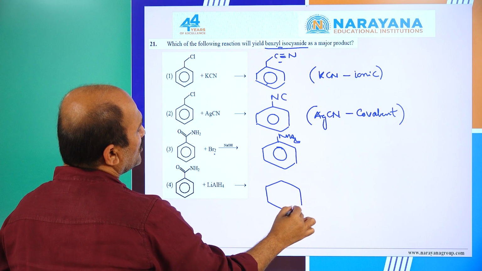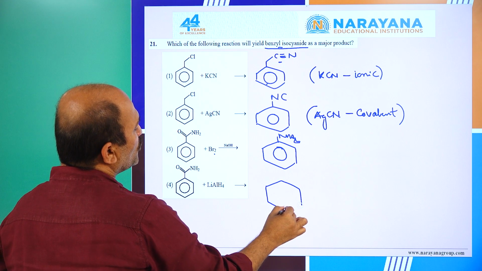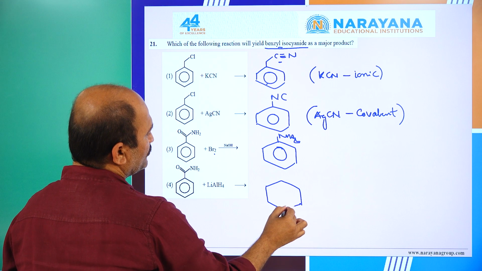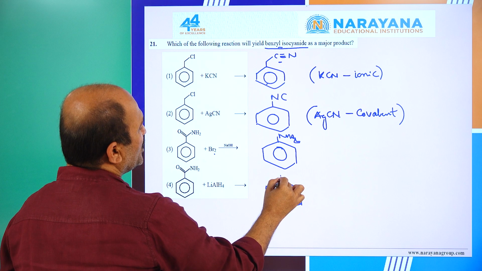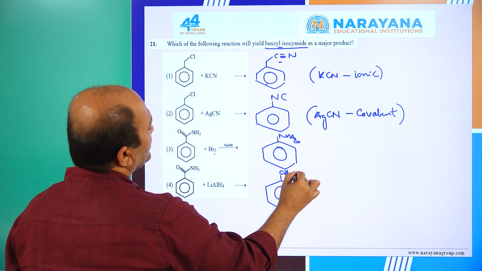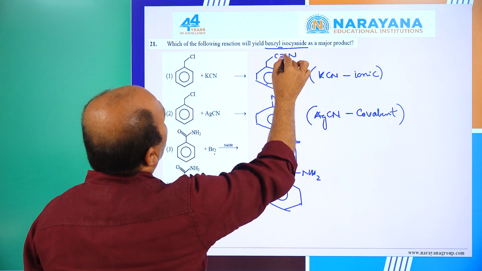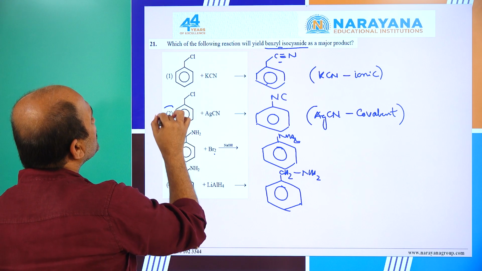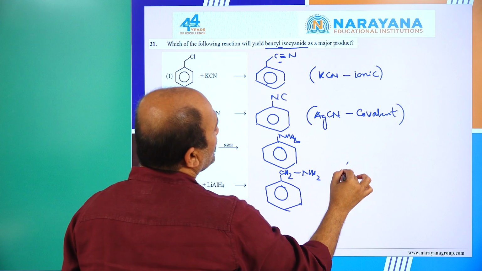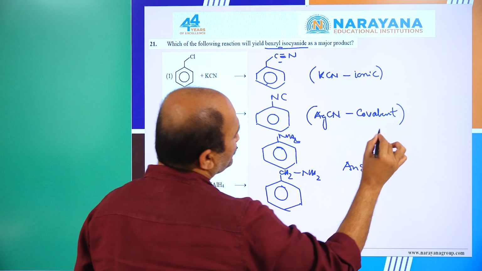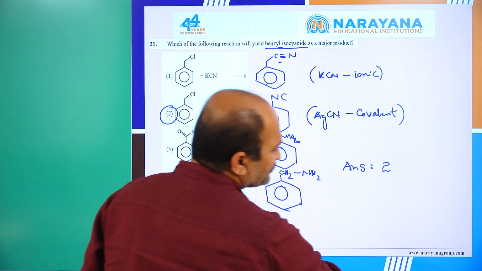LiAlH4 will reduce the CO group into CH2NH2. So for benzyl isocyanide, option 2 is the right answer. The answer for this question is 2. And go for the next question.